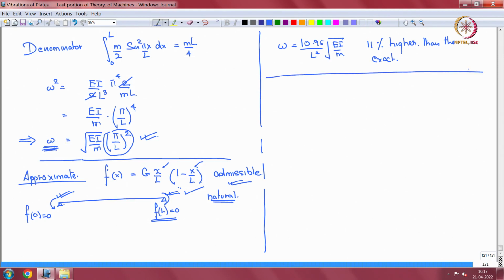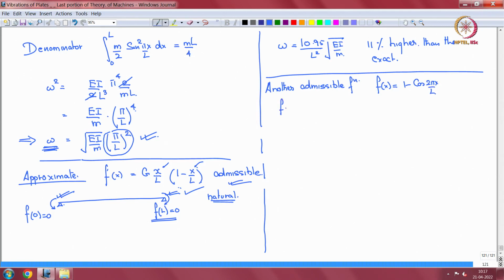So, if we try another admissible function, which is f of x is equal to 1 minus cosine 2 pi x by L. This is admissible. Why?